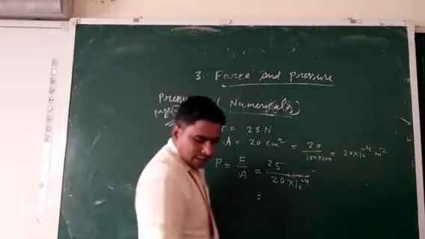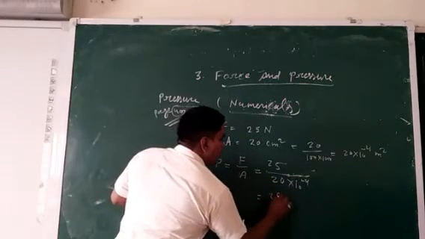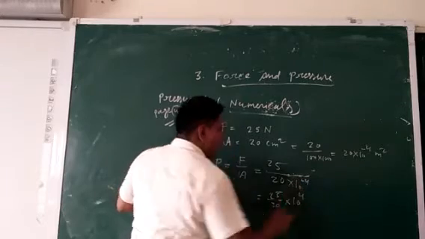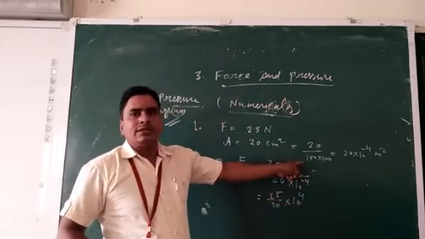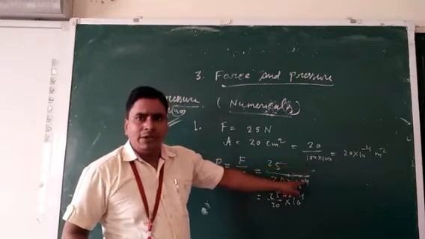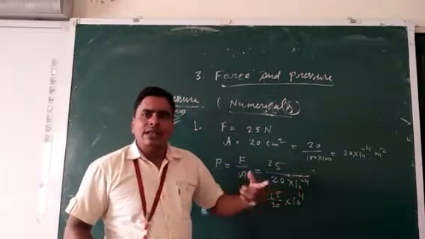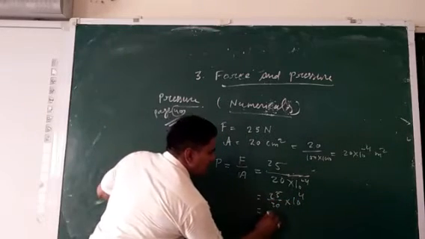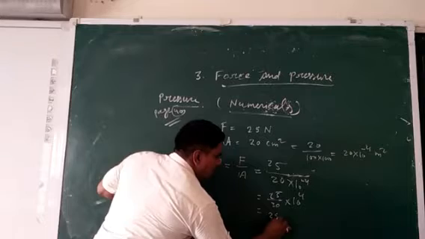Here, 25 upon 20 into 10 to the power 4. It becomes numerator because it was in the denominator, so its power sign will change to 10 to the power plus 4. Now we solve this.